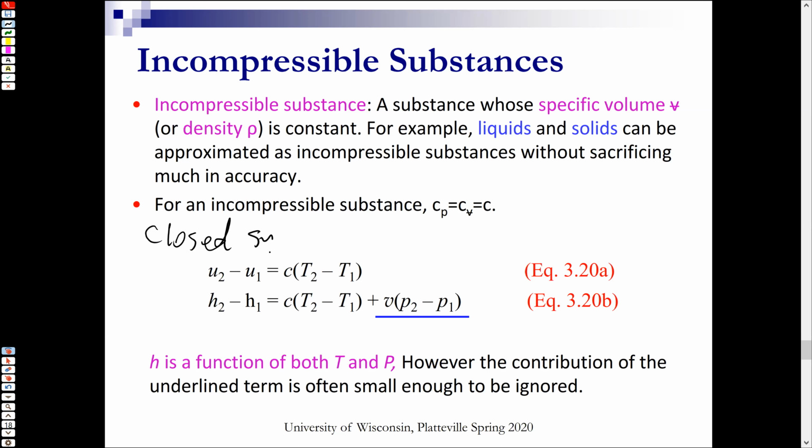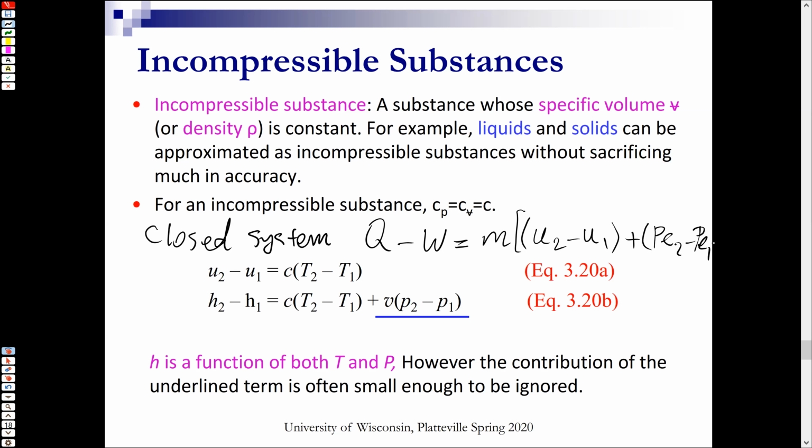For a closed system, we said that Q minus W equals m times (U2 minus U1) plus potential energy 2 minus potential energy 1 plus kinetic energy 2 minus kinetic energy 1. All right?